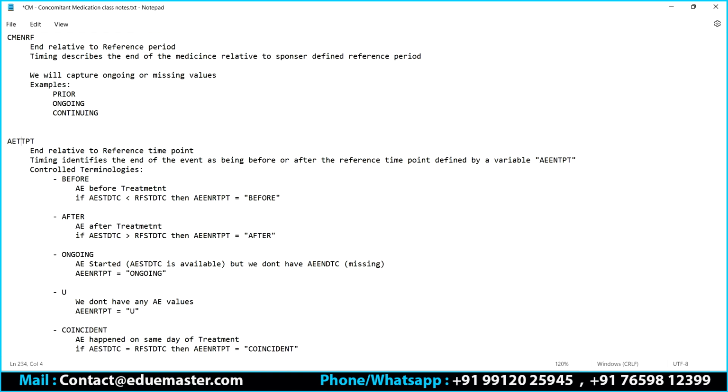So here we are going to talk about start relative to the time point, but it is not AE, it is going to be CM, right? So end relative to the reference time point. Timing identifies the start of the medicine as being before or after the reference point defined by a variable called CMSTTPT. That also we need to discuss now.